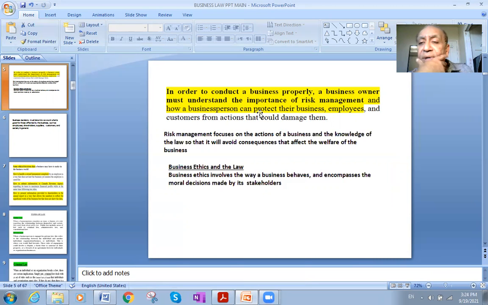What do we mean by risk? Risk is the difference or the gap between the actual results and the standards. If I plan to get $100 profit today, I will work today and plan for $100. But actually what happened is that when I worked, I got only $60 at the end of the day.